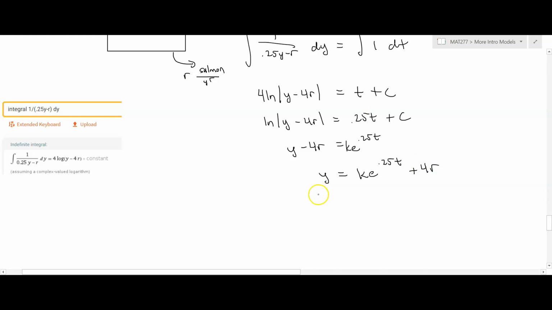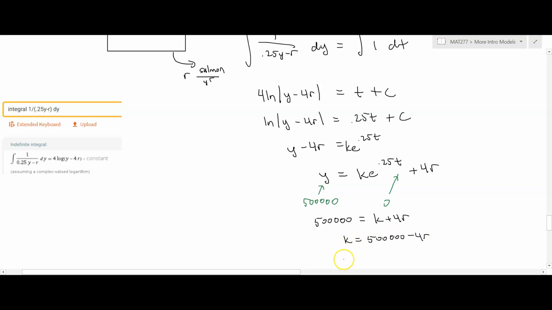Now for our initial condition, we're going to put in 500,000 for the number of salmon at time 0. That gives us 500,000 equals k plus 4R. So k is going to equal 500,000 minus 4R.